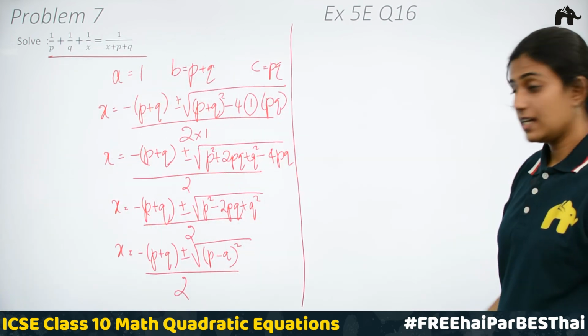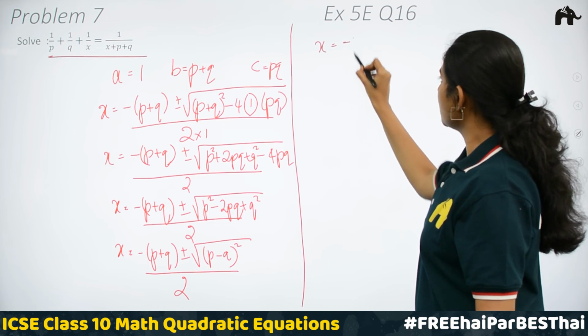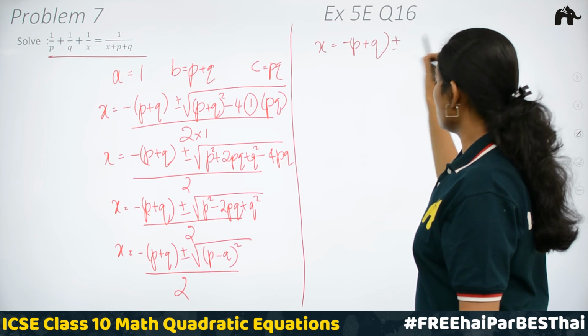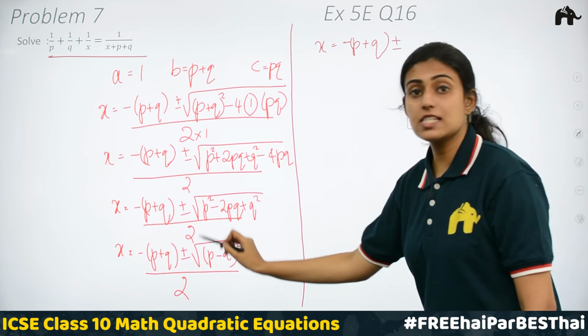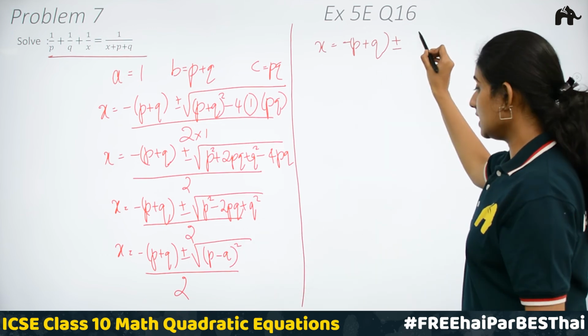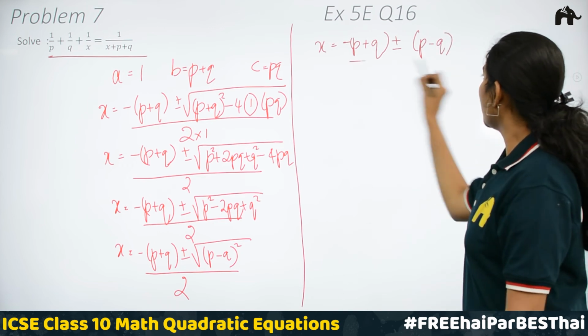Okay. That is X is equal to minus P plus Q plus or minus root of P minus Q whole square. It is inside the root, so you can cancel this root and square. You will be getting P minus Q divided by 2.